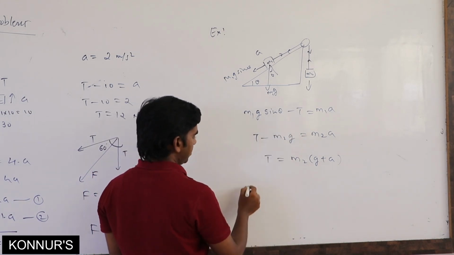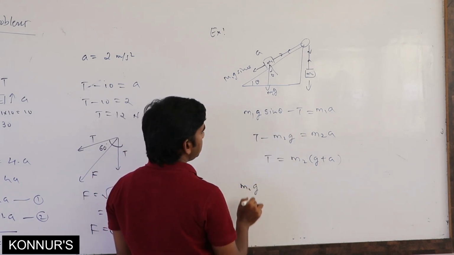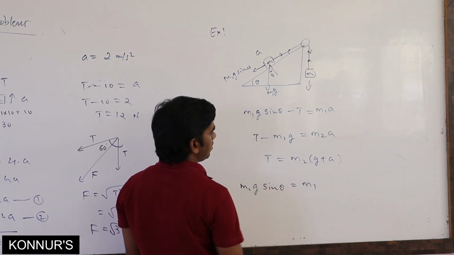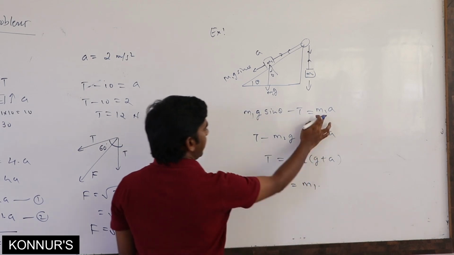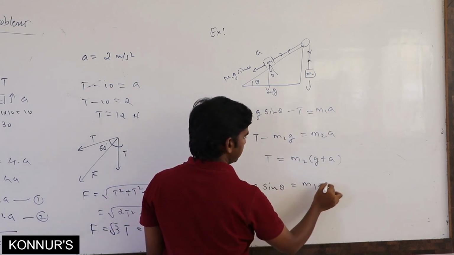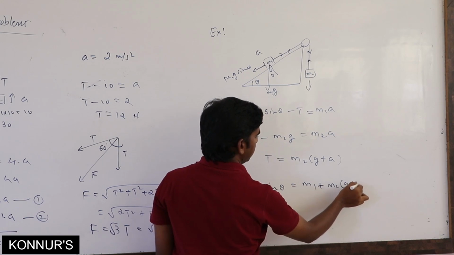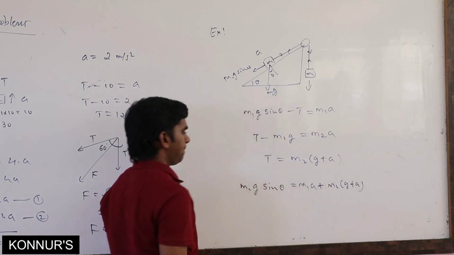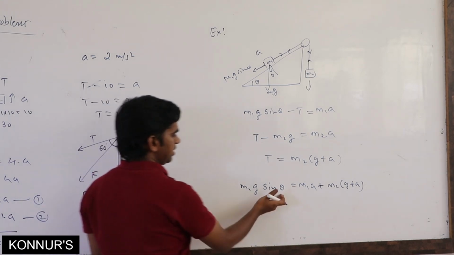So you can substitute here. m1 g sin theta equals T plus m1 a, that is m2 (g plus a) plus m1 a. So now you want theta actually.